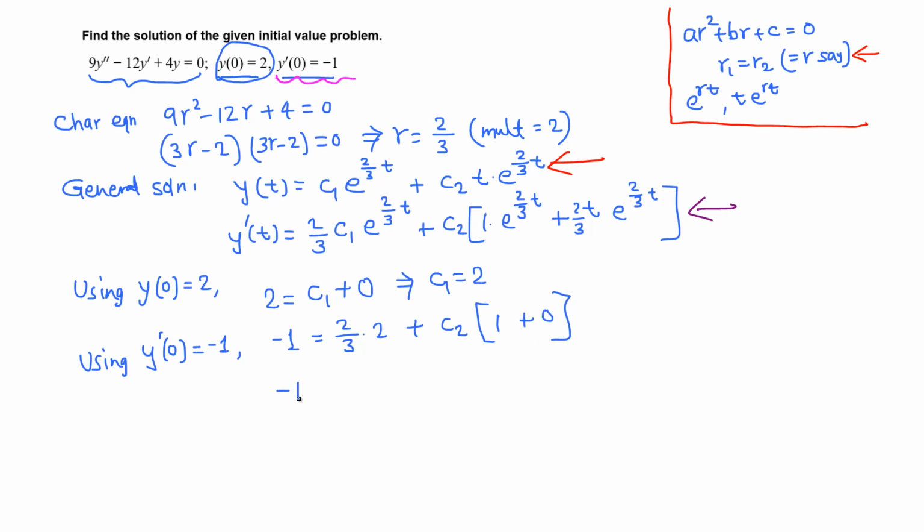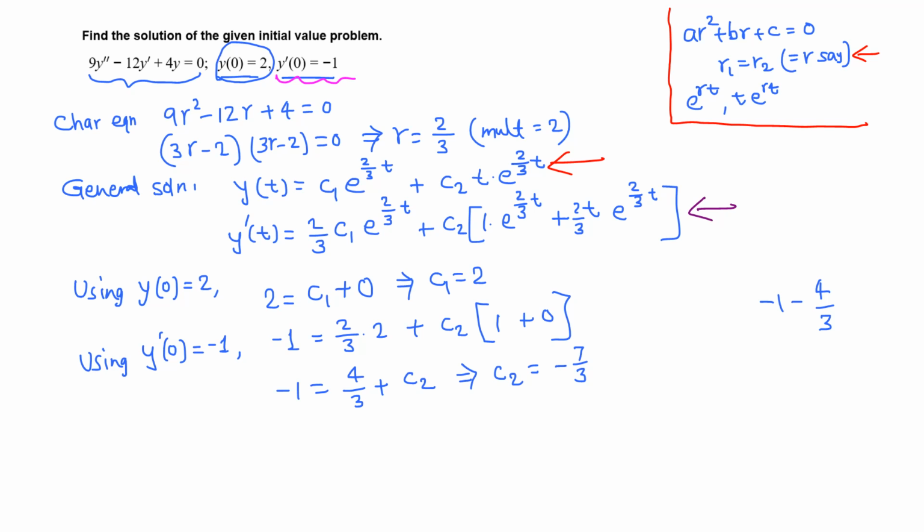Okay, so -1 equals 2/3 times 2, which is 4/3, plus 1 times C2. Now subtract 4/3 from both sides, you get C2 equals -1 minus 4/3, that's -7/3.